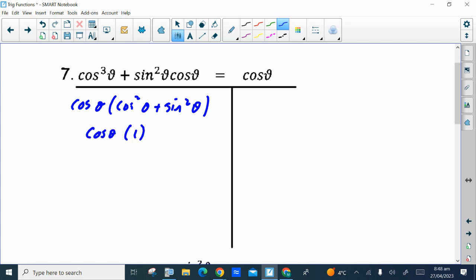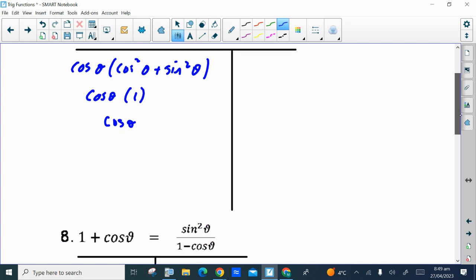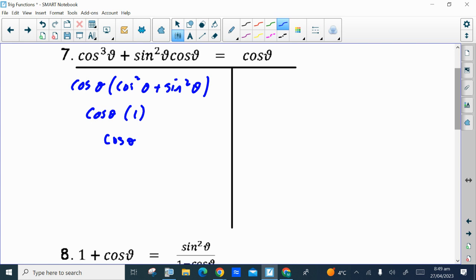From the original Pythagorean identity, sine squared theta plus cos squared theta equals 1. And so we have the same thing on both sides. So again, a couple fairly simple, straightforward steps.